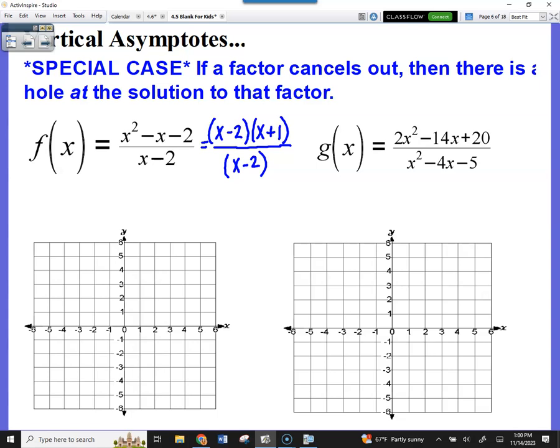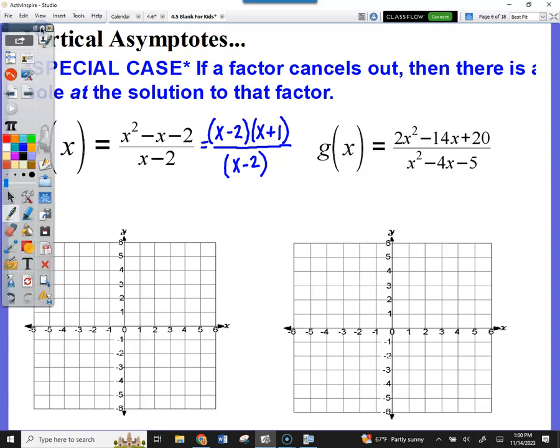Now do you see what's happening here? You see how this matches this, which means it's a hole. It's not an asymptote, it's a hole in the graph. Meaning the hole is a big open circle where the graph is essentially picking up and moving past it.